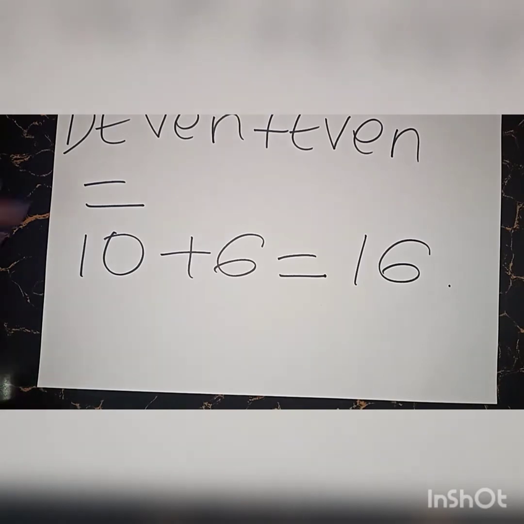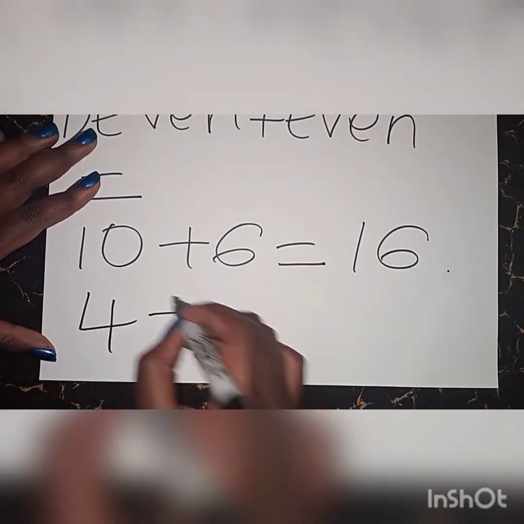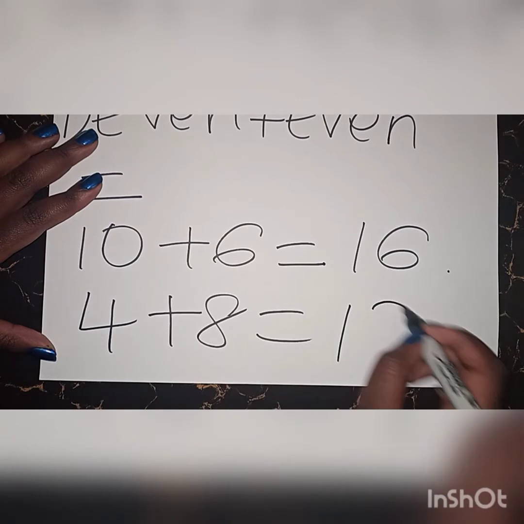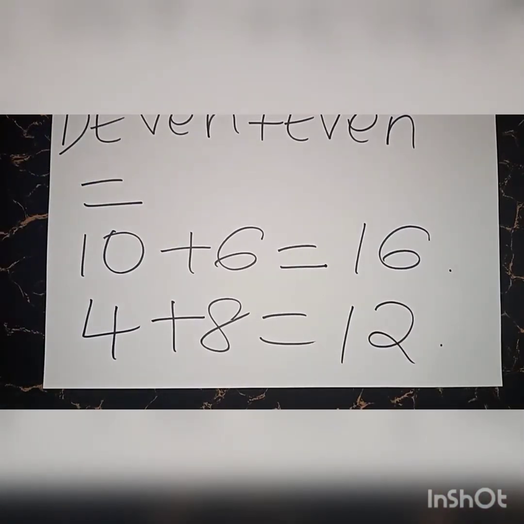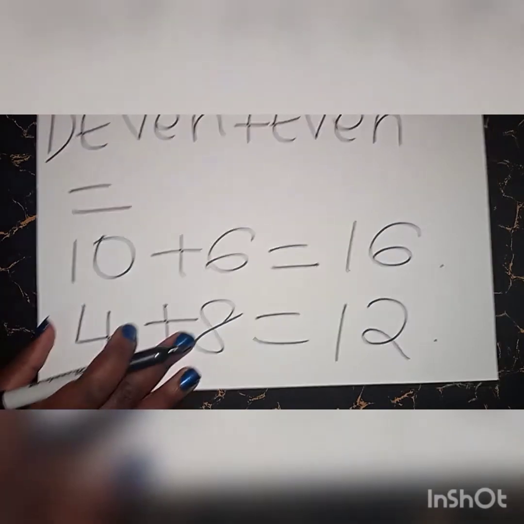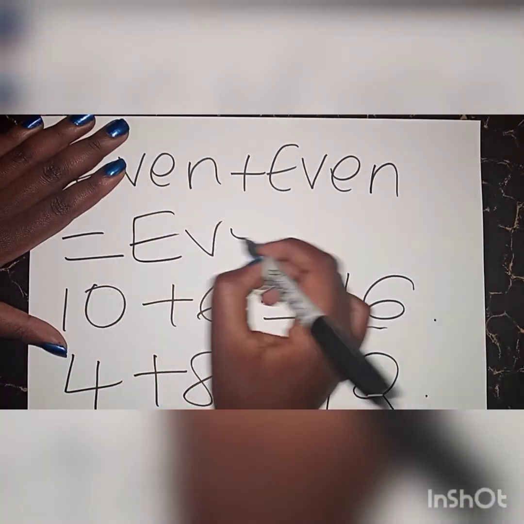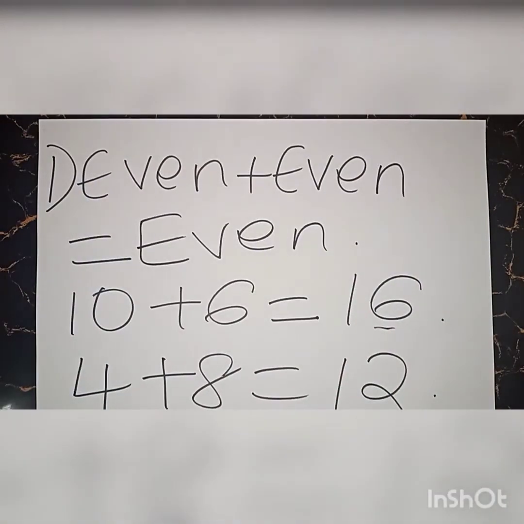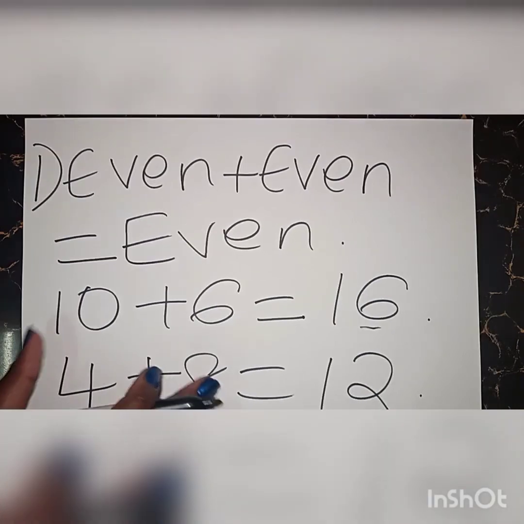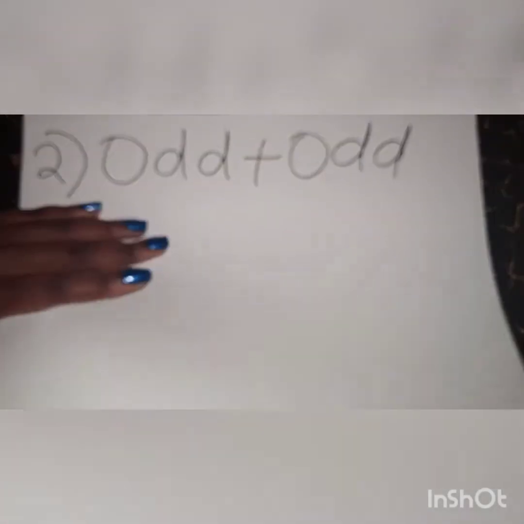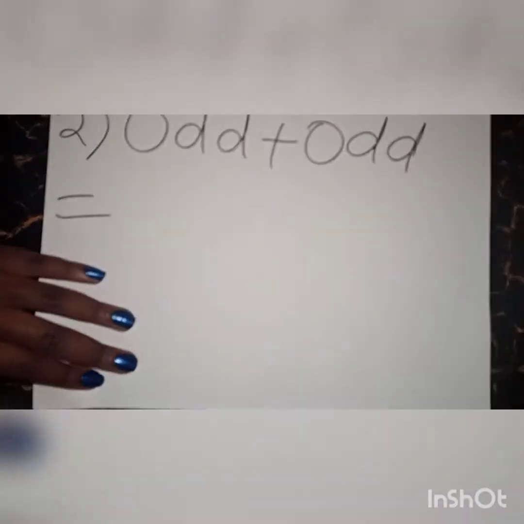Let's look at another example. 4 plus 8 gives us 12. Okay? So we can comfortably conclude that an even number plus an even number is equal to an even number. Okay? Are we together?